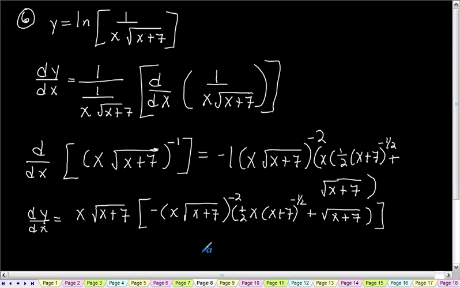Then this part in here gets multiplied. This and this get multiplied. No. Oh, we distribute this. Distribute this outside part, and we distribute this part to this.